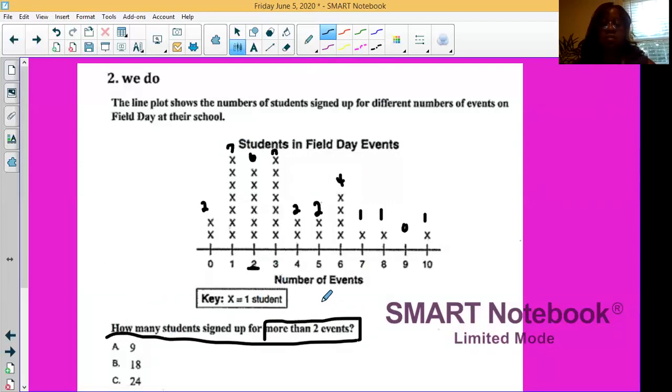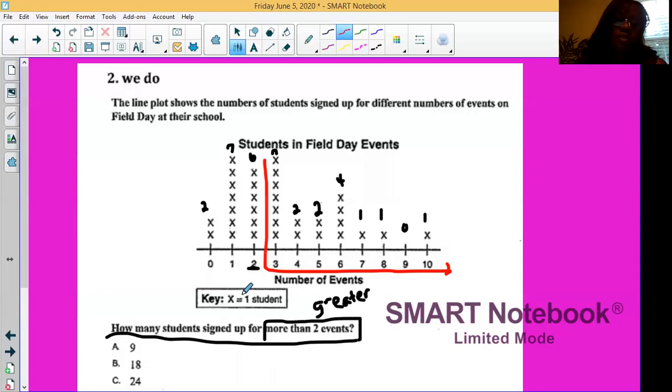So more than means that it is greater than 2 events. So what we're looking for has to be greater than 2 events. Okay. So that means that you're going to be looking at everything from 3 on up.